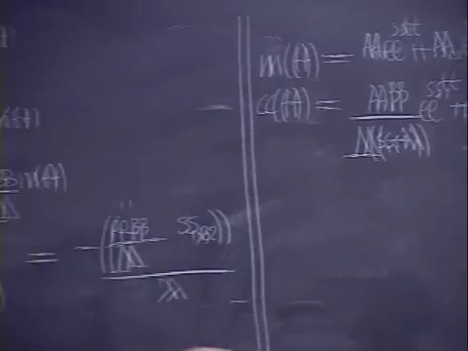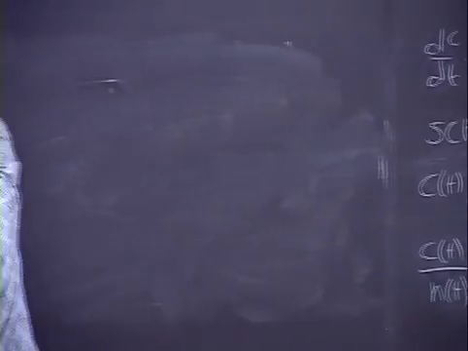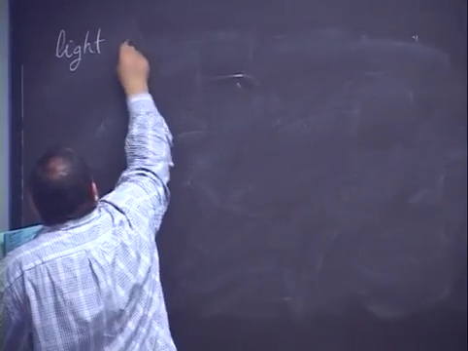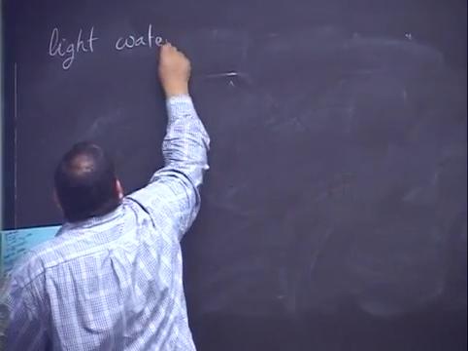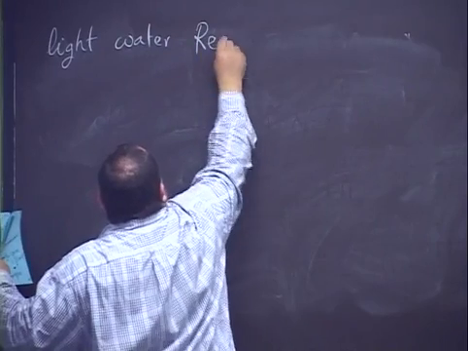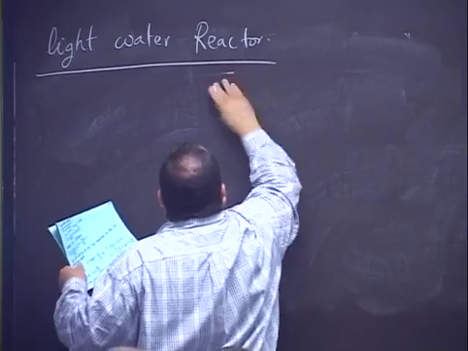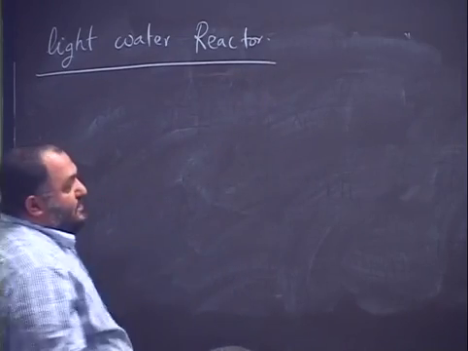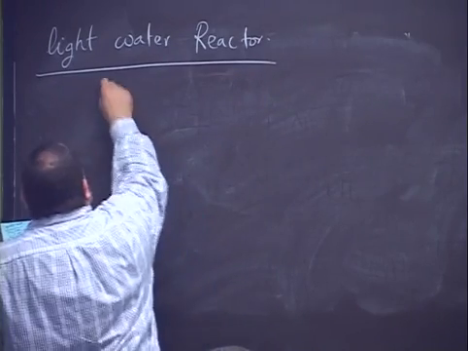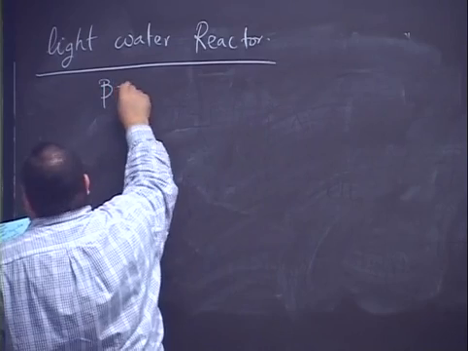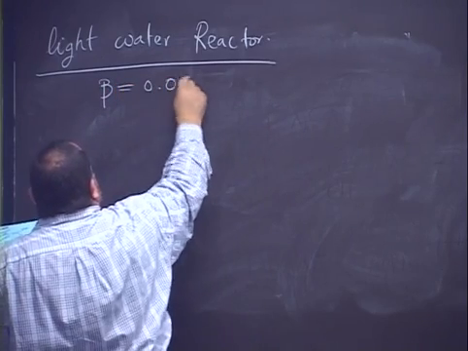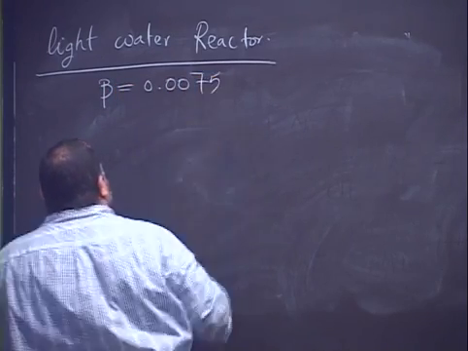So light water reactor. The beta for a light water reactor is roughly 0.0075.